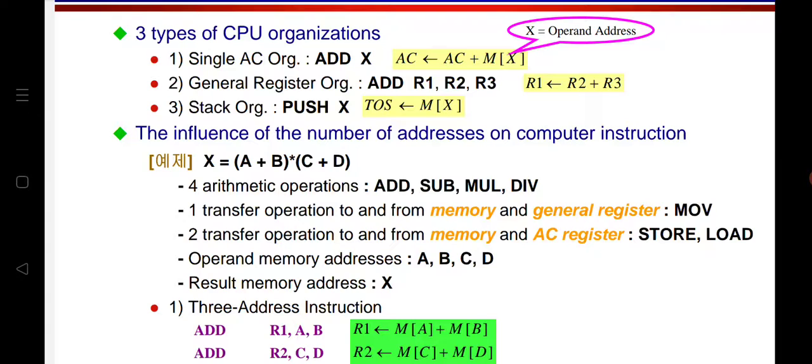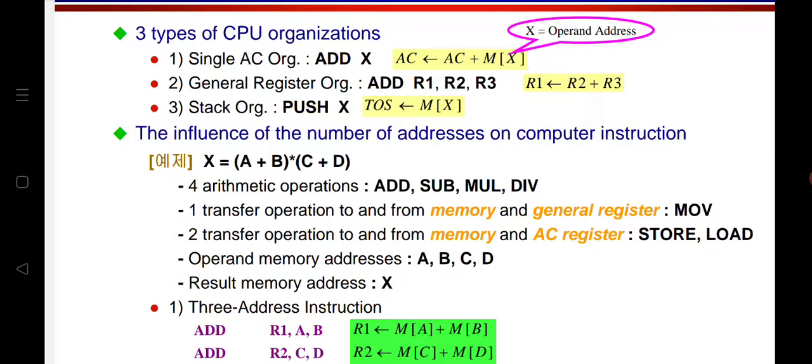Operand memory addresses, we are assuming them as A, B, C, D. Why are we saying A, B, C, D? The given equation is X is equal to A plus B into C plus D. So what are my operand memory addresses here? They are A, B, C, D, and the result should be stored in X, which is another memory address.